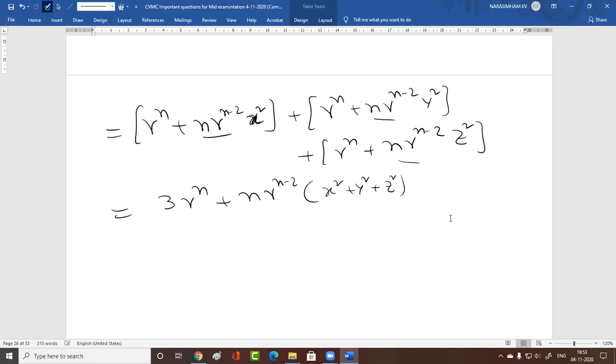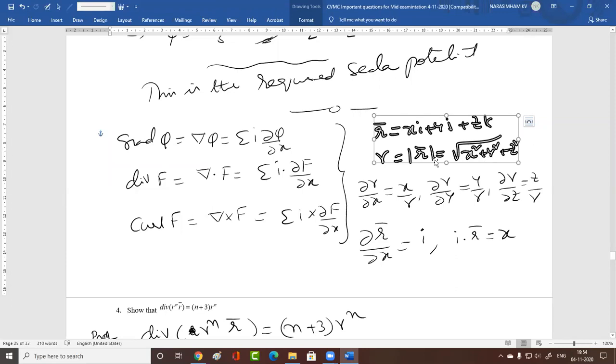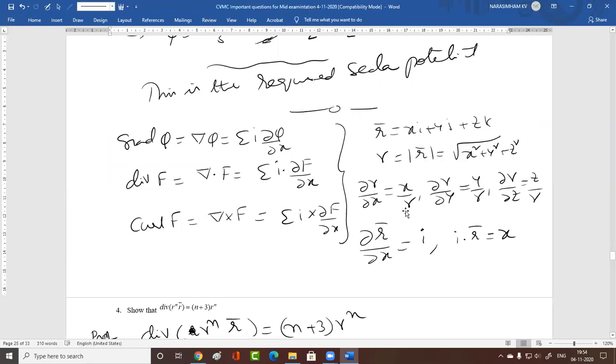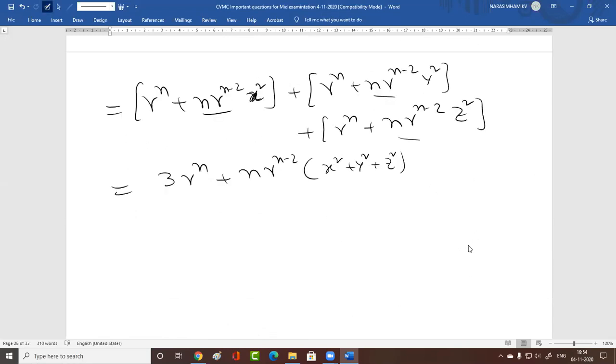Also, x square plus y square plus z square, squaring both sides of r bar, gives r square. So this value is r square: 3 r power n plus n into r power n minus 2 into r square. r power n is the common term, so this is (3 plus n) into r power n minus 2 times r square, which is r power n.